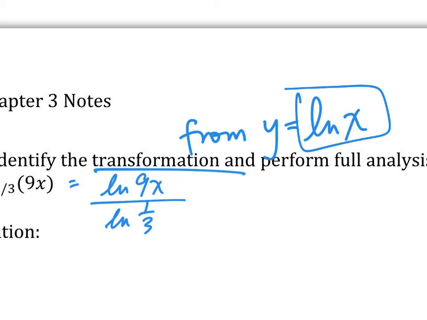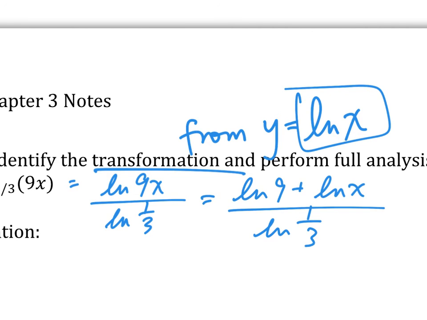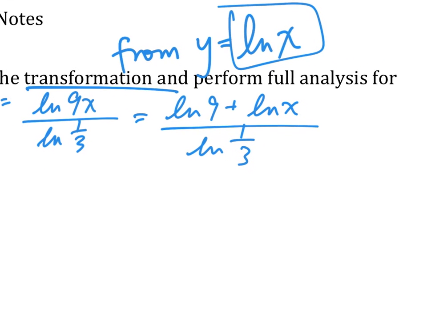If you leave this 9 in here, then you're going to have a horizontal stretch or compress. If you decided not to leave that 9 in there and made it like this, then you're going to have an up or down vertical movement.